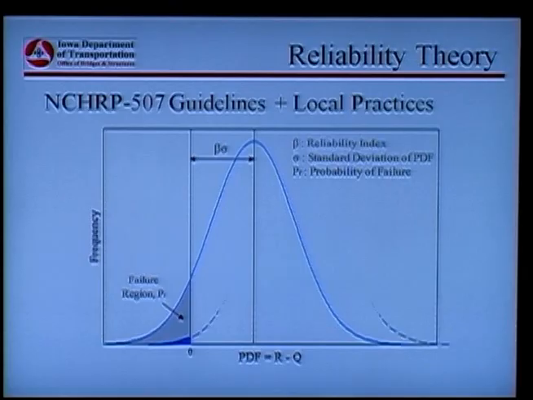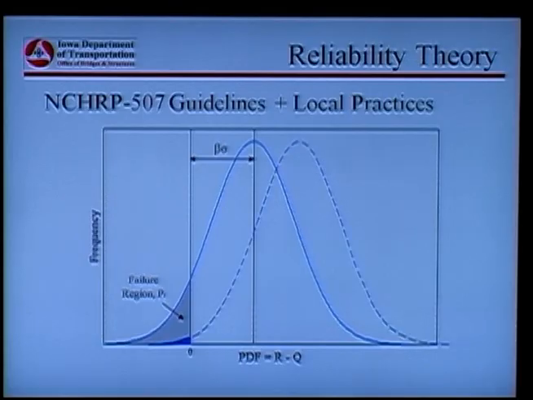What if I am able to shift the distribution away from the y-axis? What do you see at this region? It's going to be a smaller region, right? Which means that your probability of failure, your chances of failure, reduce from a big region to a smaller region, if we could increase this distance from the y-axis to the mean of the distribution.